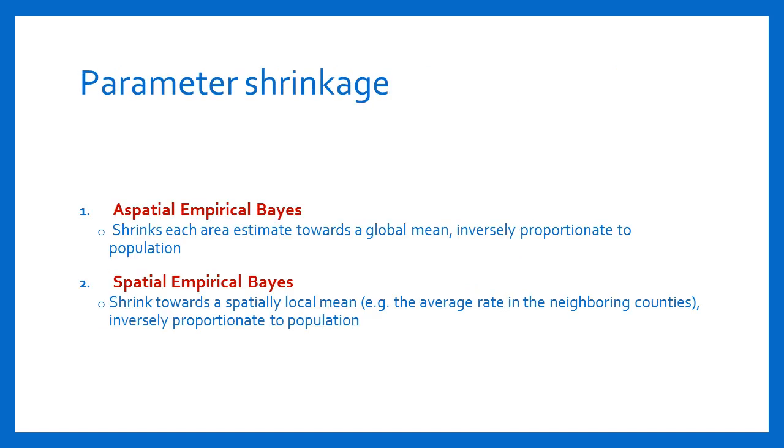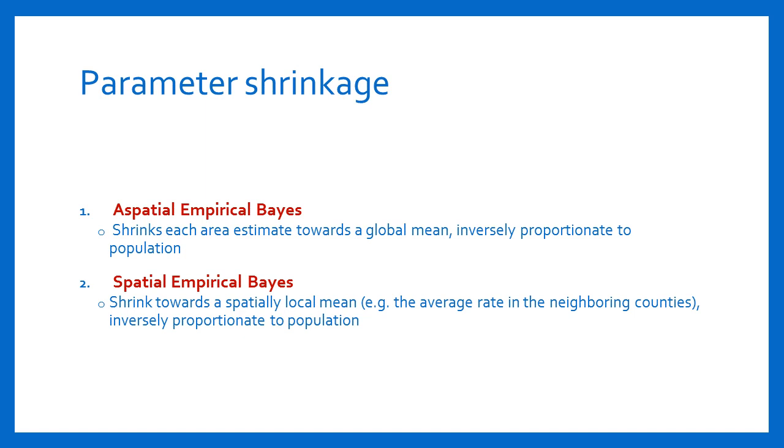I'm going to talk about the idea of parameter shrinkage and introduce one tool for parameter shrinkage and how it's applied in 2 different ways. So let me just say first what I mean by parameter shrinkage. A parameter is like the rate or risk or prevalence of disease, and shrinkage means I'm going to take unrealistically extreme values like a 0% risk of very low birth weight or 100% risk of very low birth weight, and I'm going to shrink them to something that's more reasonable.